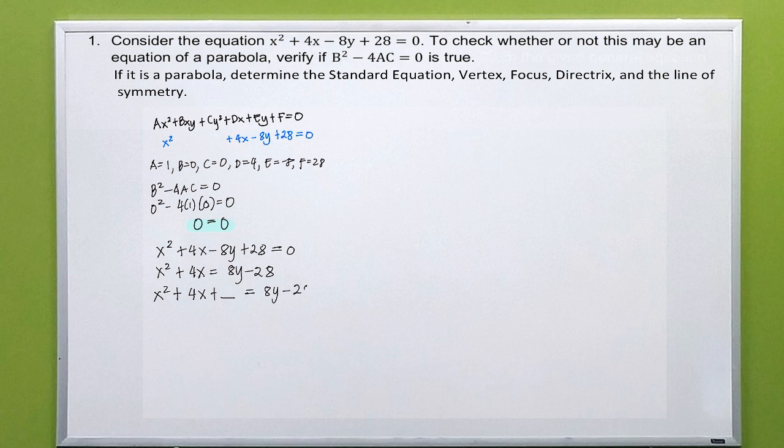In this case, we need to add 4. By addition property of equality, whatever we add to the left-hand side must also be added to the right-hand side. Thus, we have x squared plus 4x plus 4 equals 8y minus 28 plus 4.